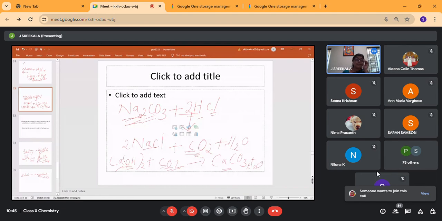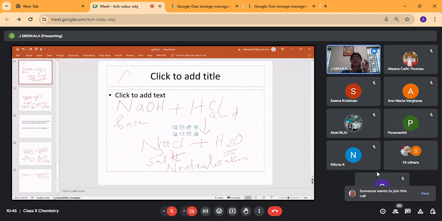Next is the neutralization reaction. What is neutralization? Reaction of an acid with a base to produce salt and water. Through experiments, we have seen how neutralization takes place.